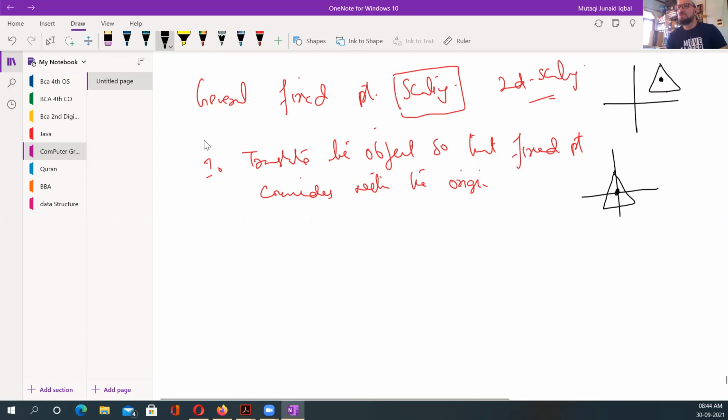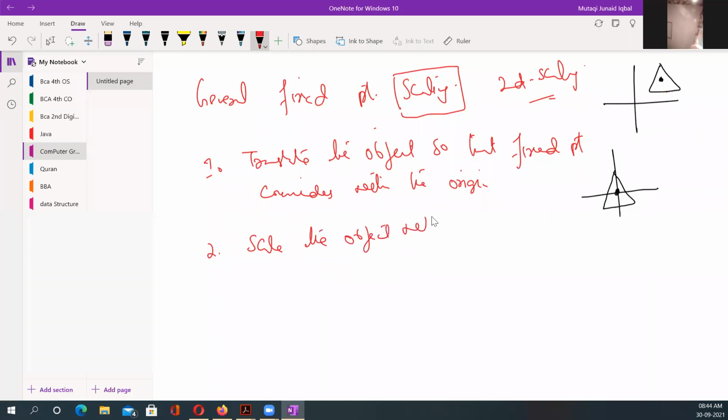Then what should be our next step? What is the second step? Yes, we scale it. Exactly. We scale the object with respect to the origin. Very good. So now we want to scale it.